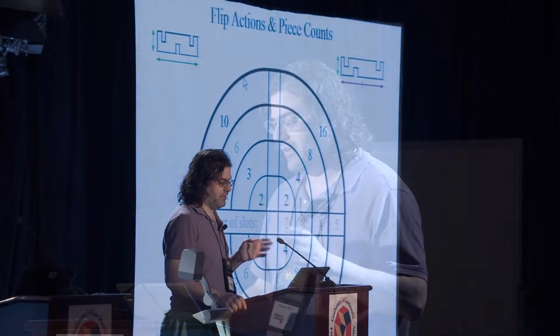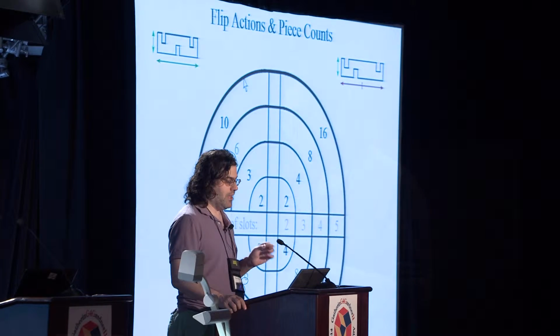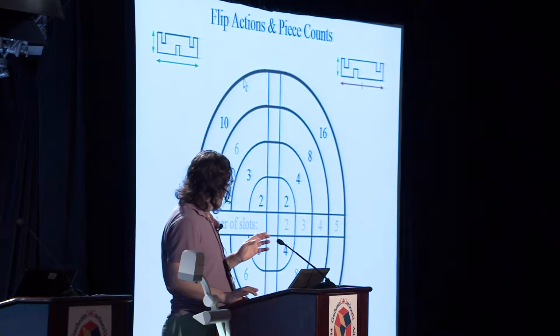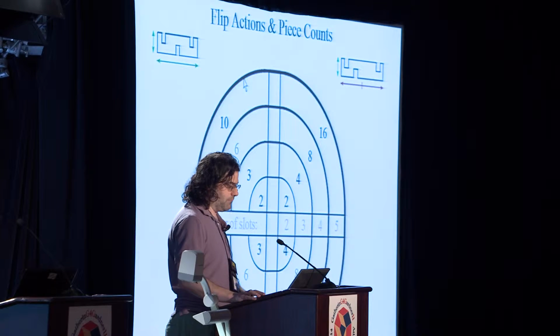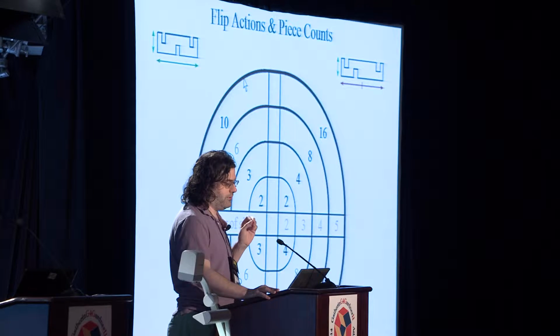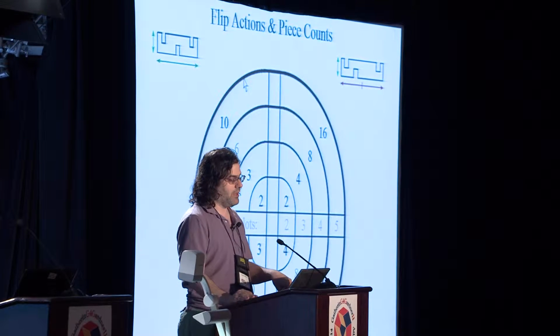One thing you might be interested in finding out is how many different pieces you can have given a certain design for the slots in the puzzle. That depends on the number of slots you have, which is represented by the ring in this diagram, 2 through 5, and the legal flipping actions that you can take.